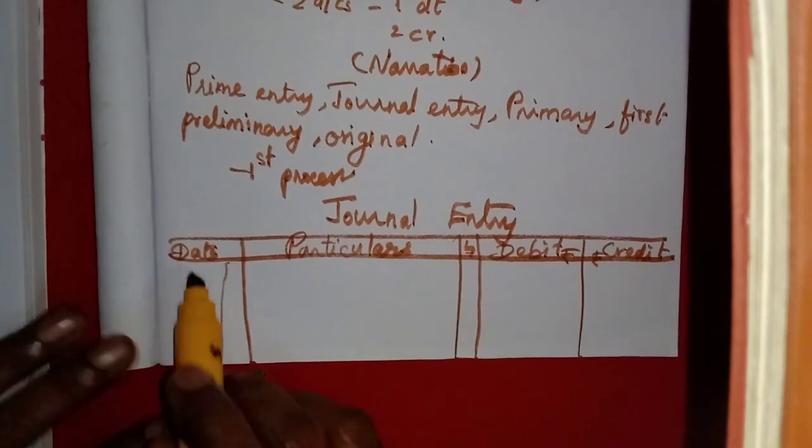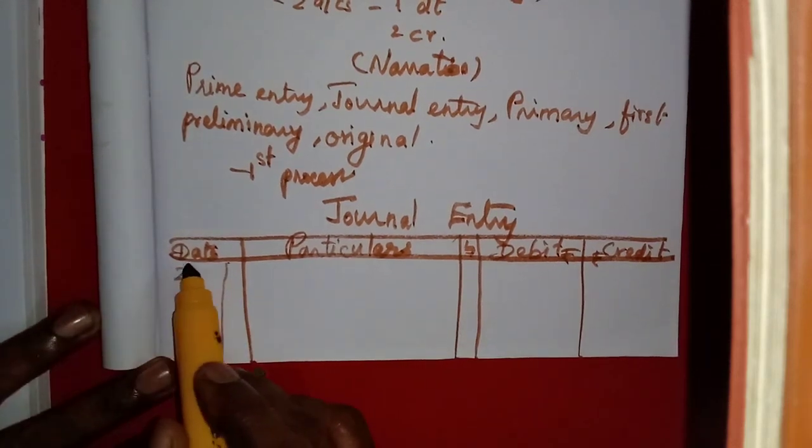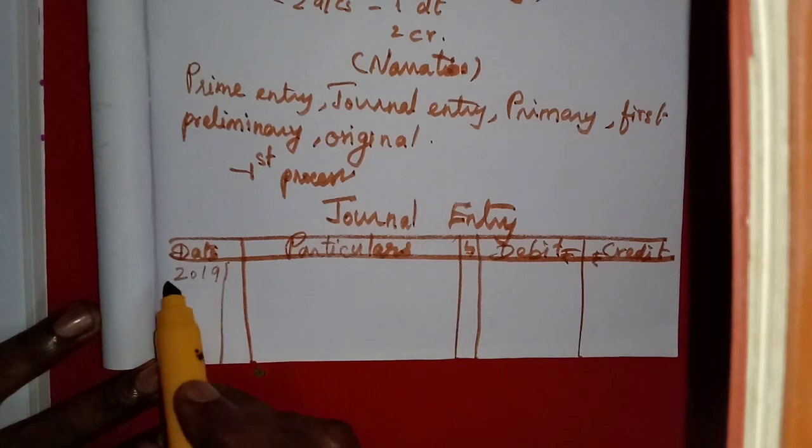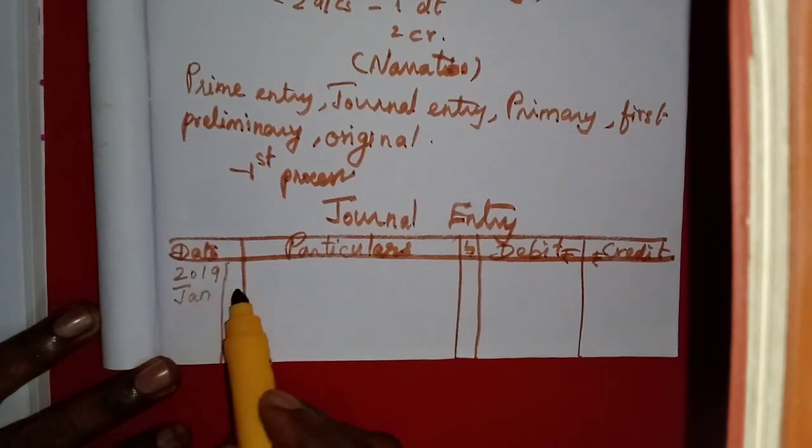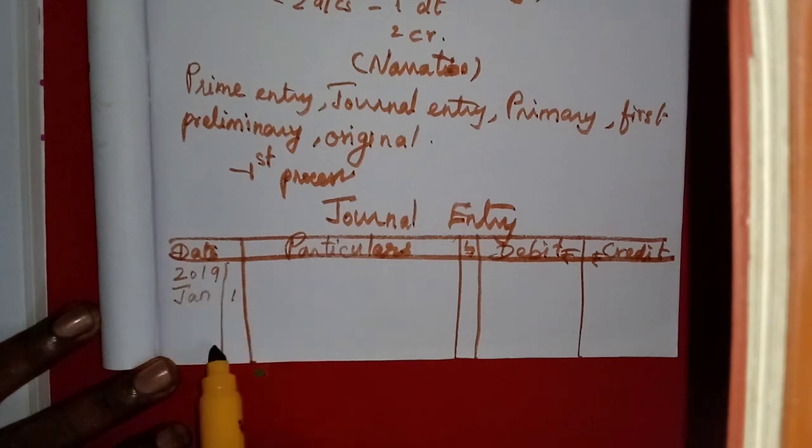First, the date. For example, 2019, we should write like this. We have to write the year first, then the next one, Jan, then the date in the small column.